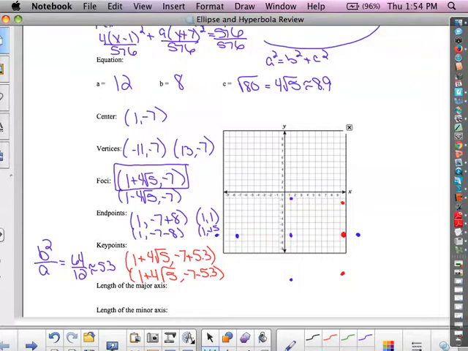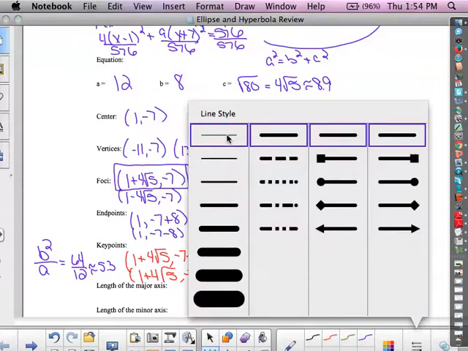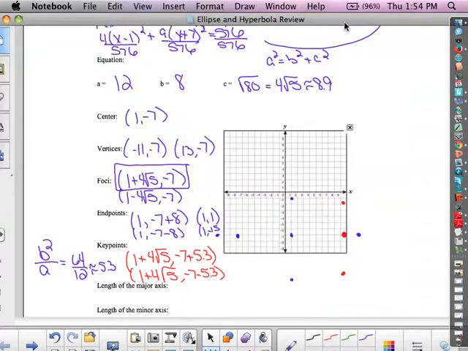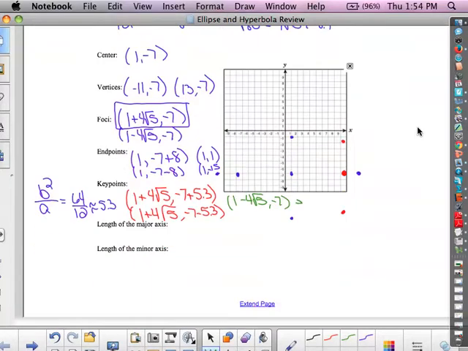That's one side. Then I'll go to the other side. So each focus will generate two key points. So now I'll go to (1 minus 4 root 5, negative 7). I'm going to write this up here.